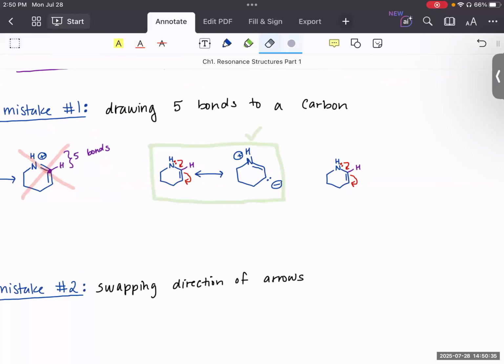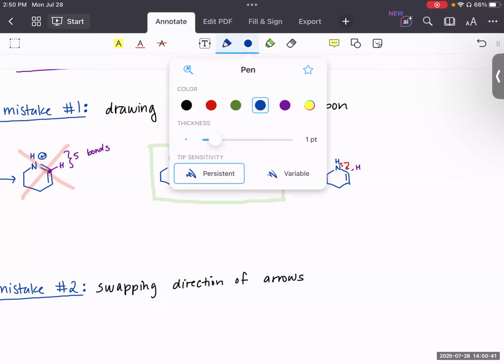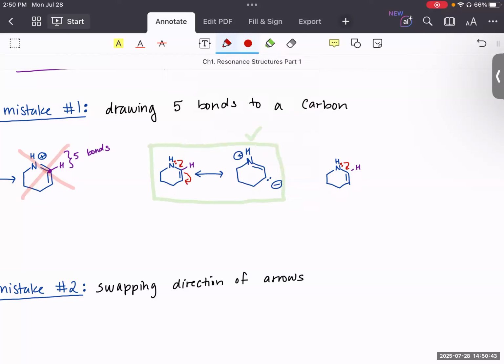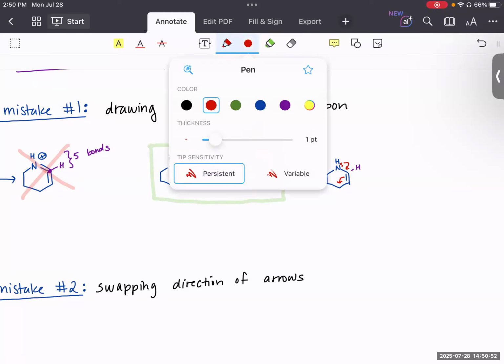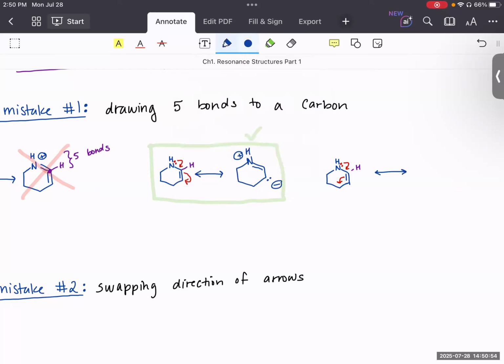However, in this structure, instead of moving up the electrons to the next door carbon, what some people might accidentally do is move over those electrons 1 bond instead. So instead of going from the double bond to an atom, they're going from double bond to double bond. And so if we were to draw out the product of these arrows, we would get this.